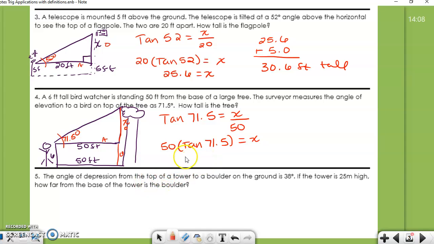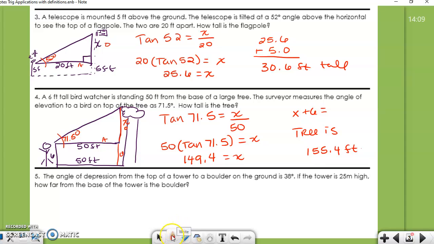Okay, so I'm going to have 149.4 equals x. So when I add x plus the 6 feet, the tree is 155.4 feet tall.